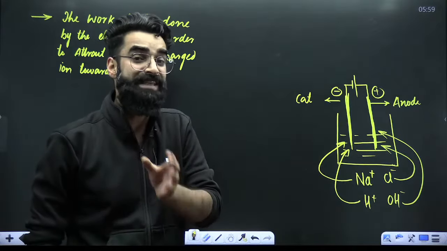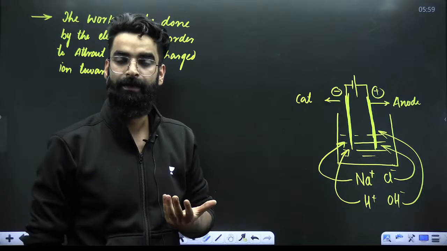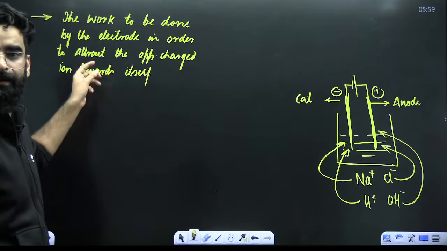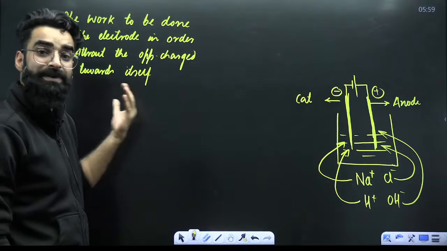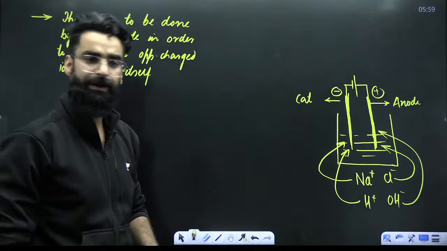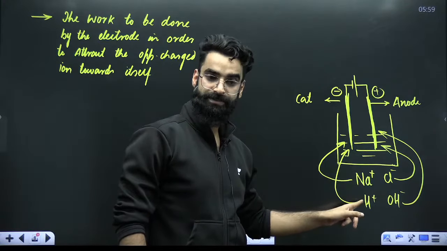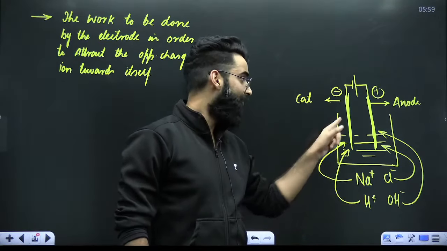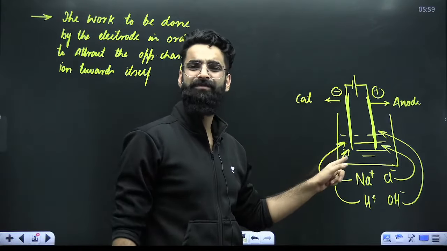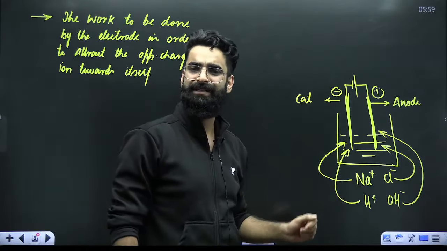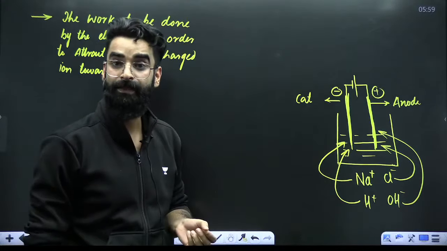If you want to understand this in simpler words, I wrote a statement here: the work to be done by the electrode in order to attract the oppositely charged ion towards itself. Have a look. This electrode is going to attract Na positive as well as H positive, right? When it attracts Na positive towards itself, the electrode is performing some work. It is attracting H positive towards itself, also performing some work, right?